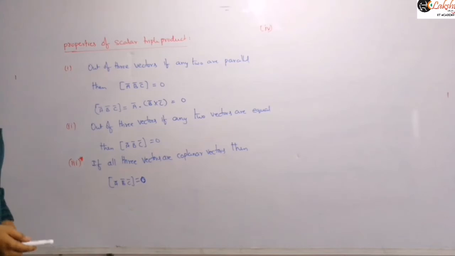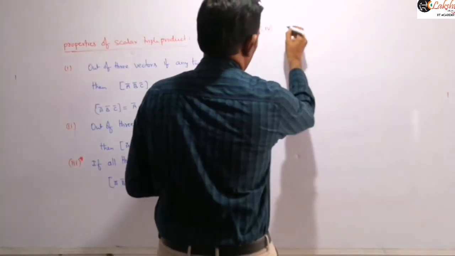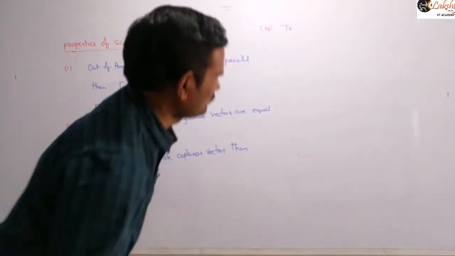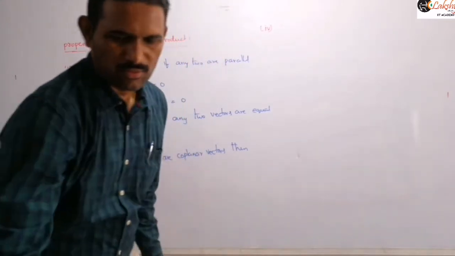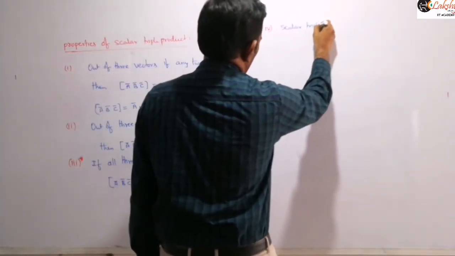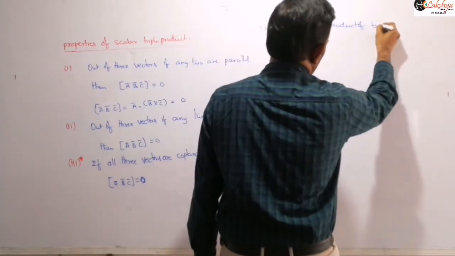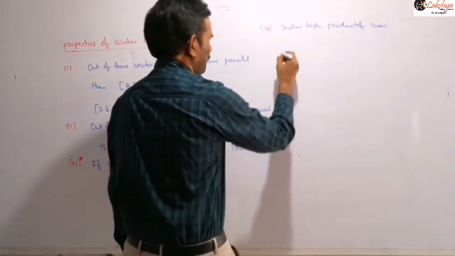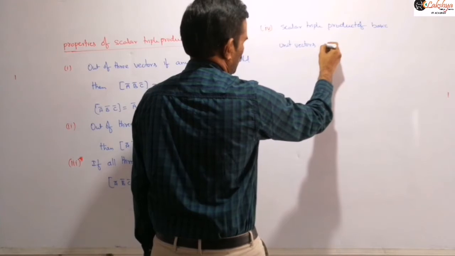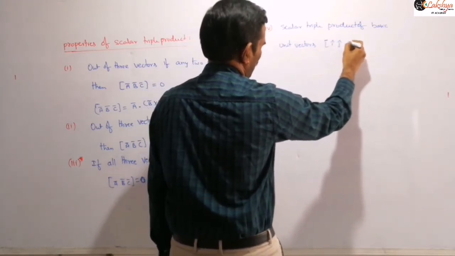If I am taking the scalar triple product of basic unit vectors, that is nothing but i cap, j cap and k cap.